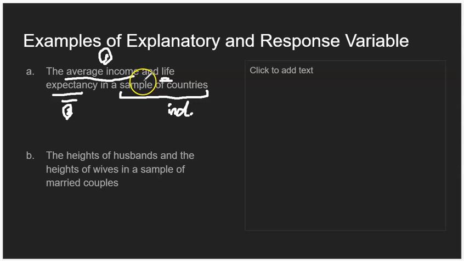Of course, if you don't make a whole lot of money, you might not live as long, especially if you're not fulfilling those basic needs. That's like psychology and stuff. So that kind of overlaps. So I'm going to go ahead and peg that number 1 is my explanatory, and number 2 is my response. Let's go ahead and take a look at the next slide and see if I was right here.